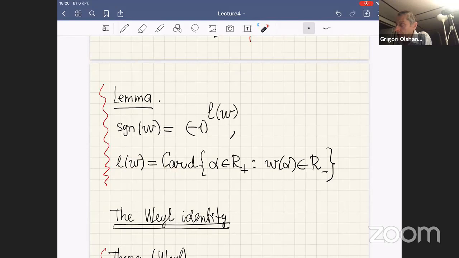And the definition is as follows: the number of positive roots which turn into a negative root after the action of W. We have a partition of the set of roots into positive ones and negative ones, and when we act on it by W, some part goes to R minus, and the cardinality of this subset is the length of W.